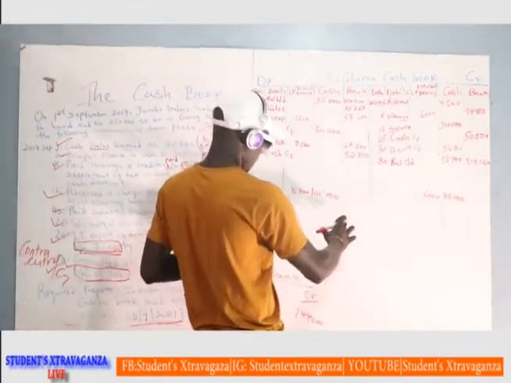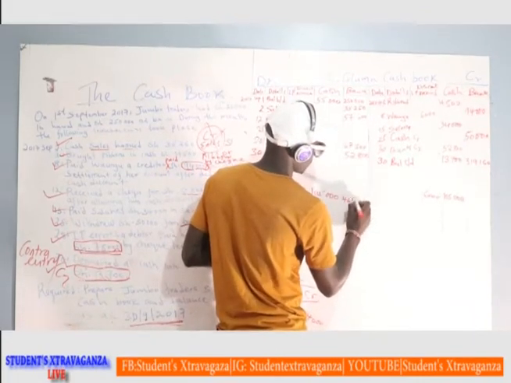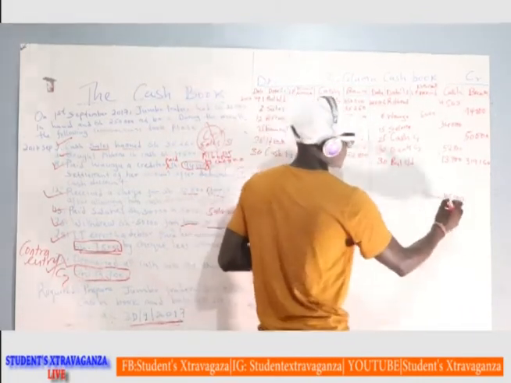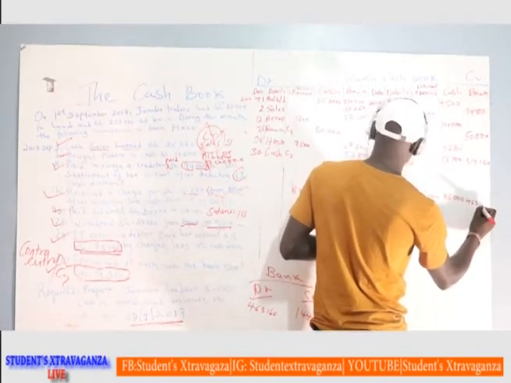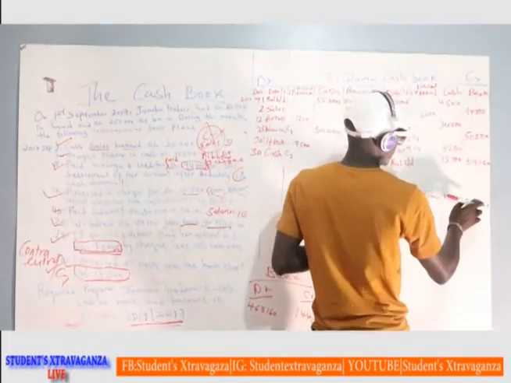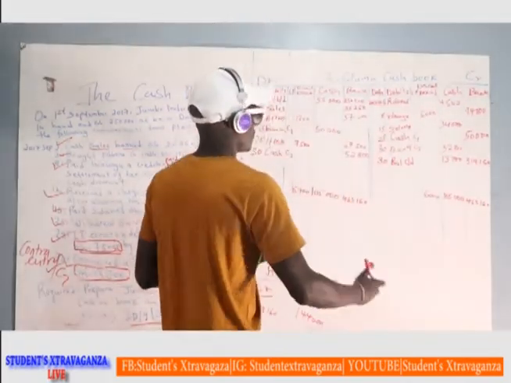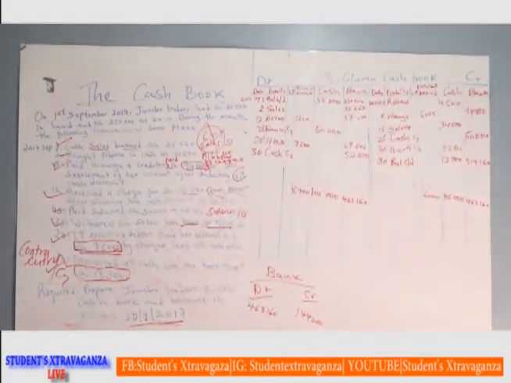So it will balance at 463,160. The other side is 463,160. If you add these, you will get this. So it is balanced.